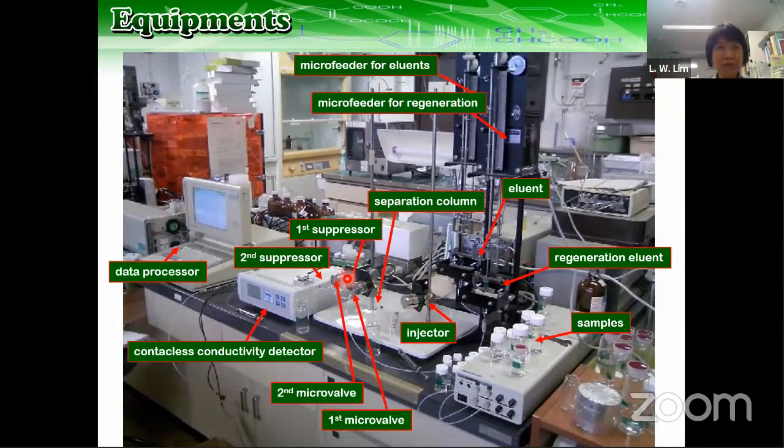So the suppressor will be full with different suppressed ions, and you have to regenerate it before you can use it again. So we use this system because we use two suppressors with two valves, so that when we switch one valve, we use one suppressor, and the other suppressor we can regenerate. Meaning that you can run all the time without waiting for the regeneration time.